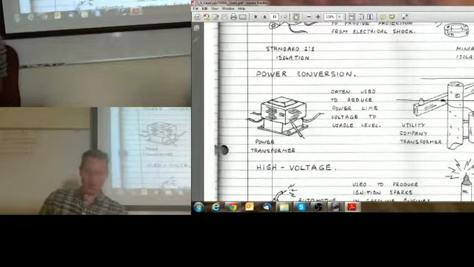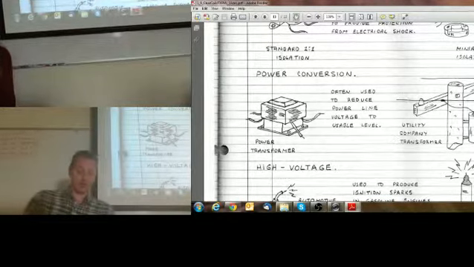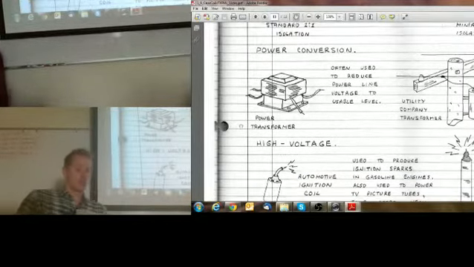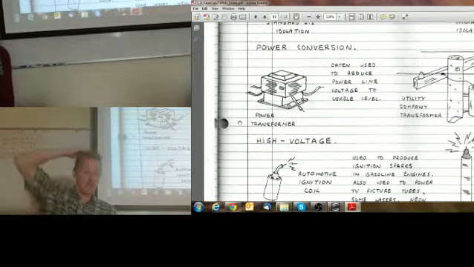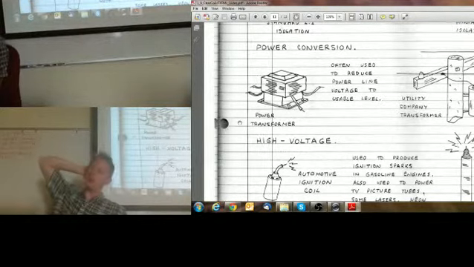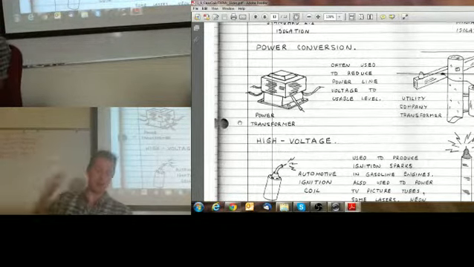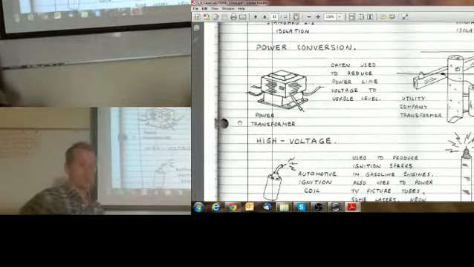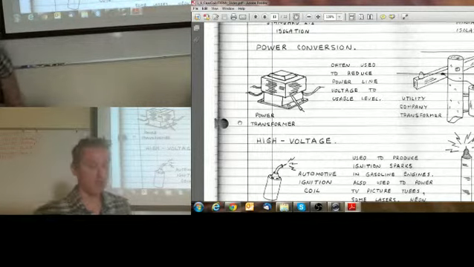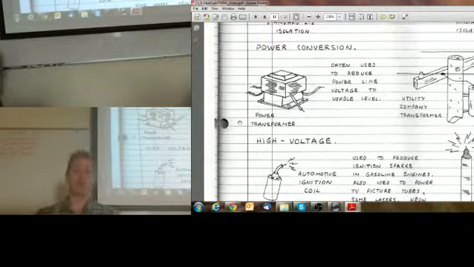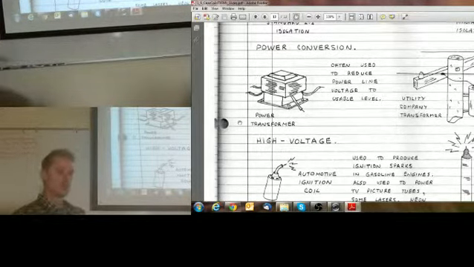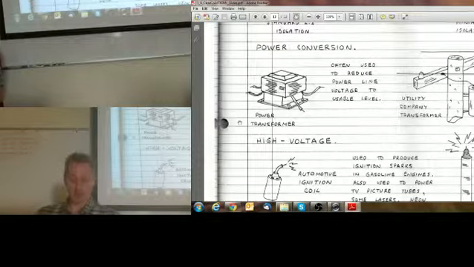You have power conversion for telephone utility applications. One of the reasons AC electricity was used instead of DC: DC was Thomas Edison's electricity, and Westinghouse, and of course Tesla wanted AC electricity. And the reason AC won out over the DC Edison system, even though Edison was first, was because you have a lot of drop in the lines.